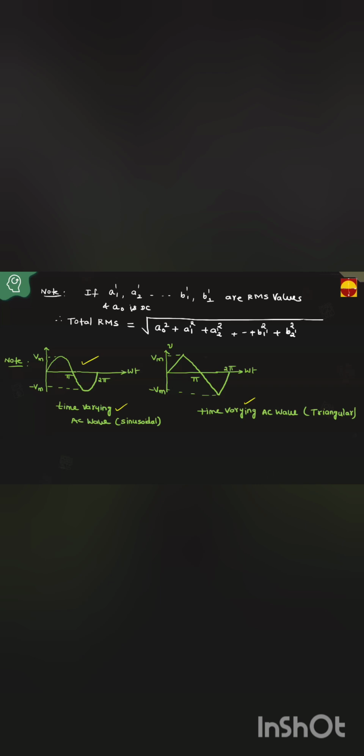Every time varying wave is not an AC source, but the sine wave is an AC source because it is an eigen function of the LTI system. This is one more reason.